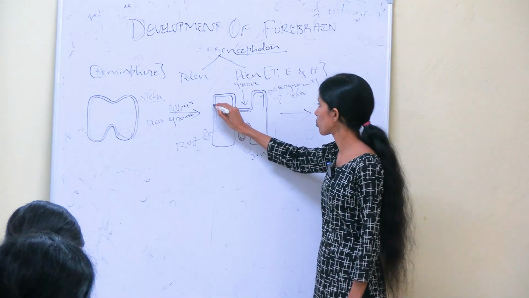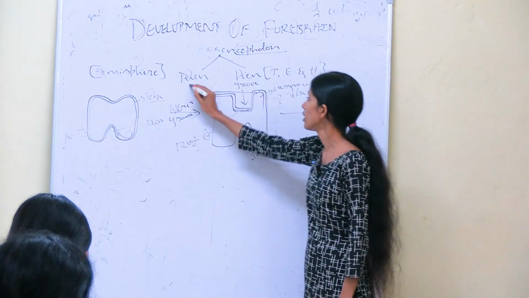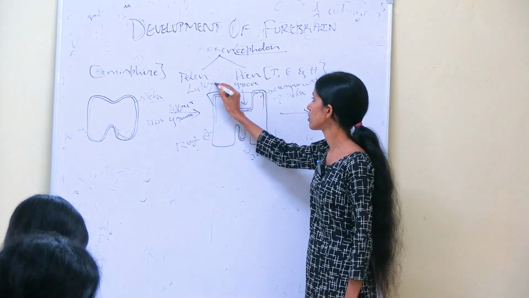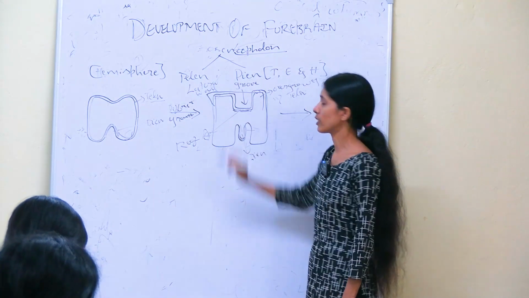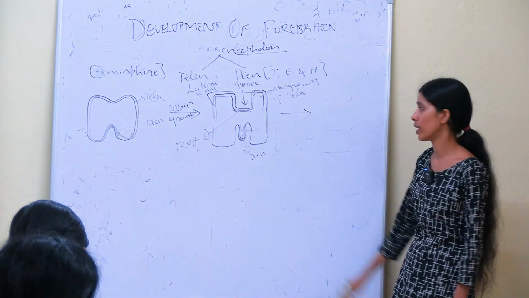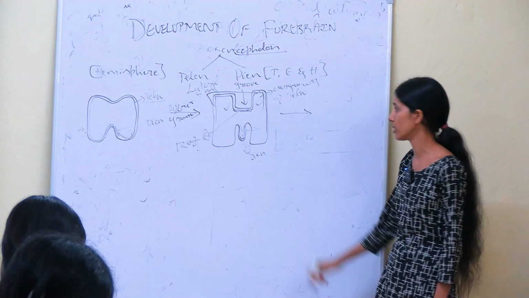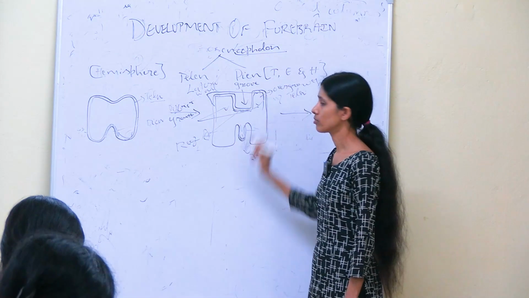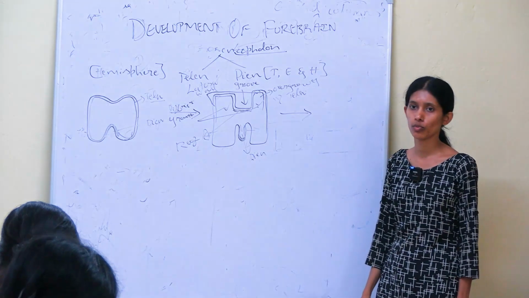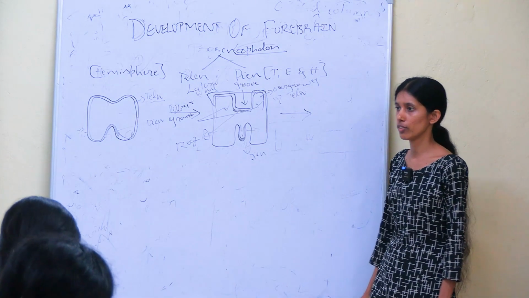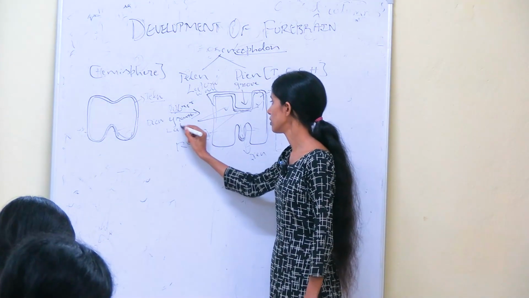And these structures you are seeing here are the lateral wall of telencephalon, and these cavities will later grow into which ventricle? It will grow into your lateral ventricle.